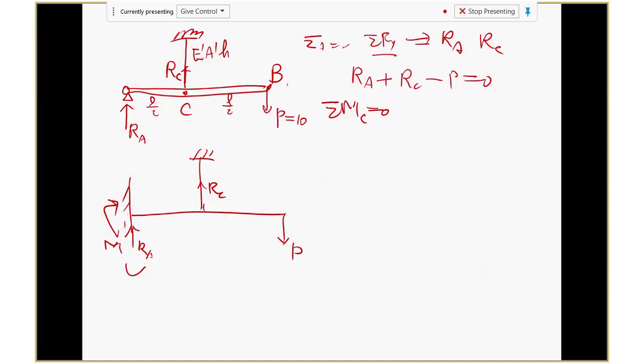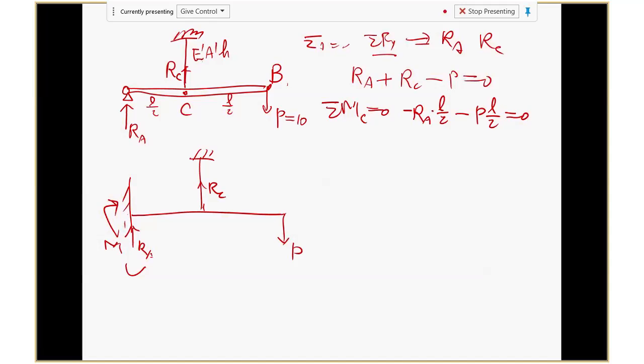Yes, because about any point it's supposed to be equal to 0. Otherwise it won't be equilibrium. Why do I write about C? Because I feel this is easier. Why is it easier? You can see here. About point C, what's the moment? You have RA generating a moment times half L, and that is clockwise, so it's negative. And then you're going to have P times half L in the clockwise direction as well. So these two added together should be 0.